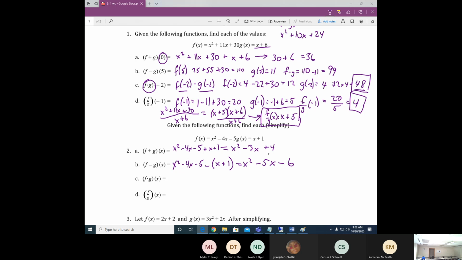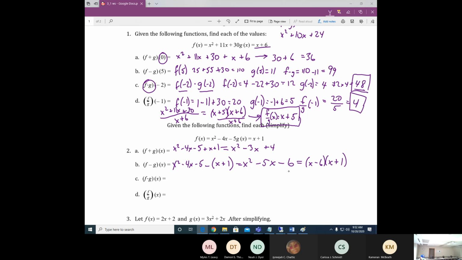And if I want, I can factor that into x minus 6 times x plus 1. If they asked you to factor it, I could also recognize that that's the same as x minus 6 times x plus 1.